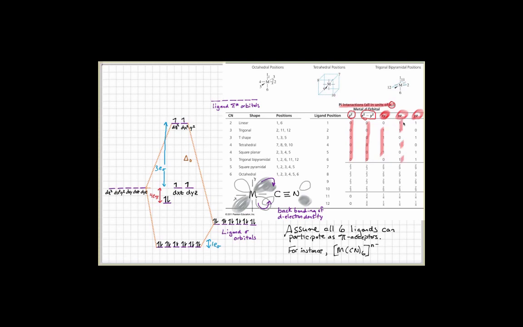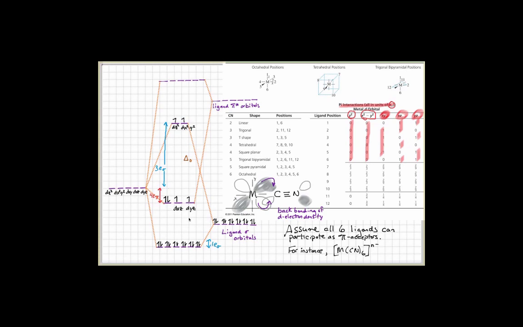That totals also 4 E pi, and so those will also be lowered by the same amount as the dxy. And there you go.